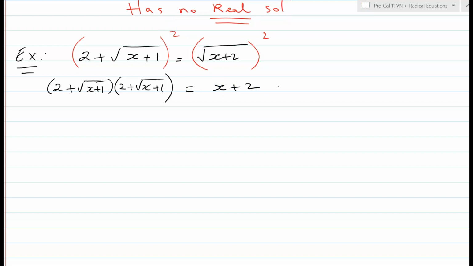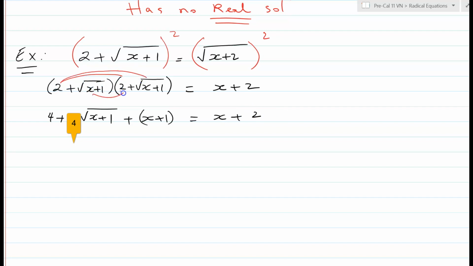Now we simplify, and we get 4 root x plus 1, plus the square root of x plus 1 times itself, which is x plus 1. That equals x plus 2 on the other side. Remember, you have to use the distributive law, the FOIL. That's what we got. Now we're going to go ahead and simplify.